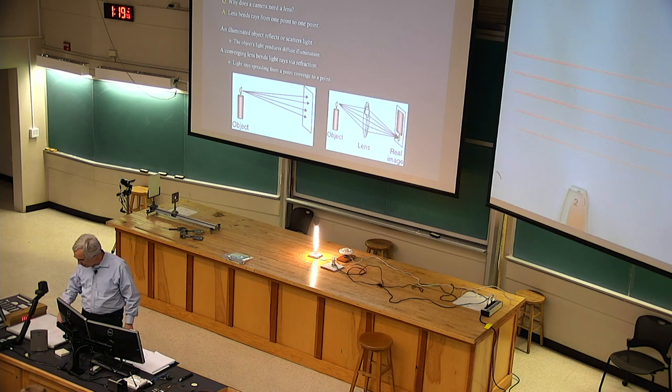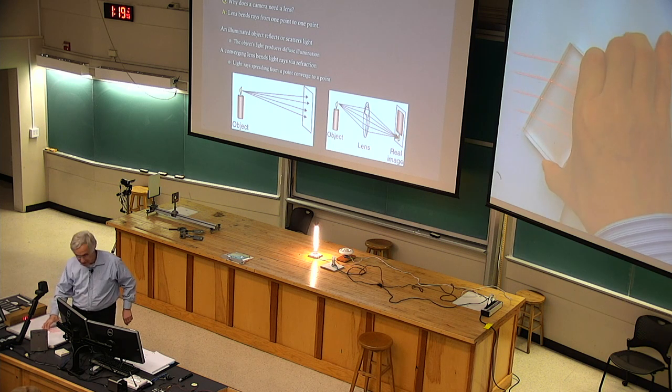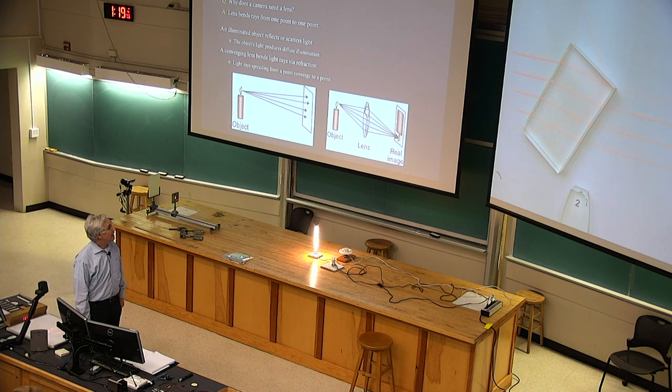And if I put just a block in the way, we see things we've seen before. The light bends toward the perpendicular when it slows down going into the block of plastic. So that's here. It bends toward the perpendicular. And then as it leaves, it bends away from the perpendicular.